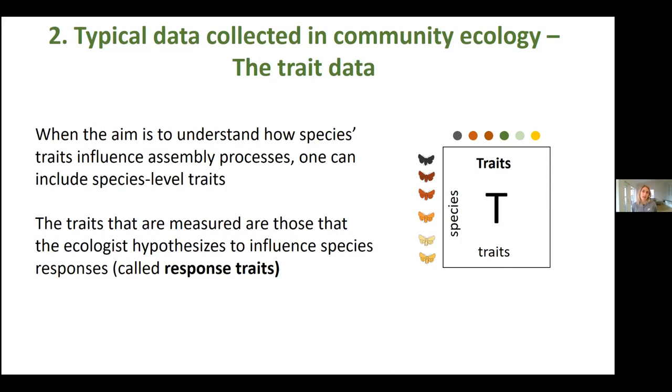In the same way as the environmental covariates, the traits can be continuous if we are, for example, using body mass or any kind of measure, or they can be categorical if we, for example, use some kind of the feeding type of our organism or color or whatever.